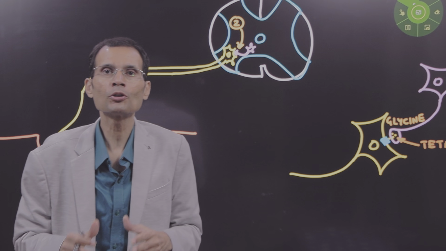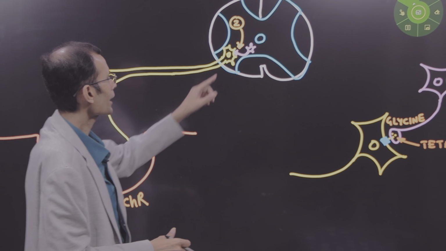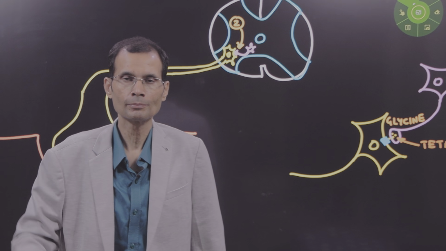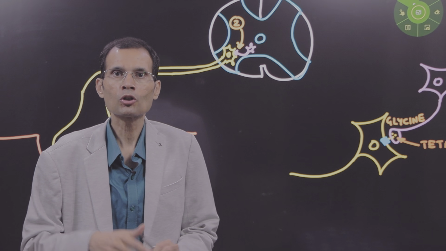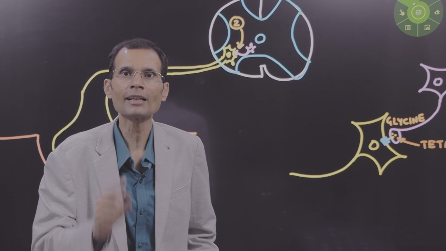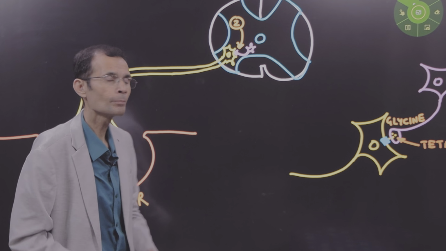Strychnine is an antagonist of glycine. So let me put it here that glycine is an inhibitory neurotransmitter in the spinal cord. I repeat once again, the commonest inhibitory neurotransmitter in the spinal cord is glycine. In the brain it is GABA, but here it is glycine mainly.